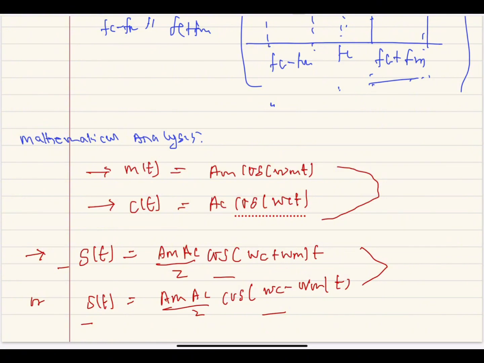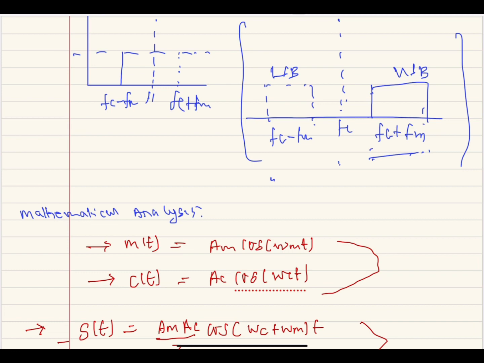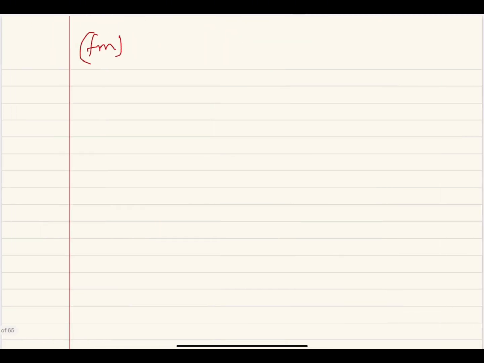Looking at it, if we are looking for the bandwidth, it's going to be FM. This is the reason: now we don't have two sidebands in order to subtract the upper sideband from the lower sideband. If from DSBSC my bandwidth is equal to 2 FM, now that I'm having a single sideband, what do you think it will be?